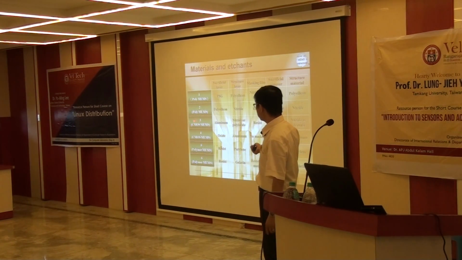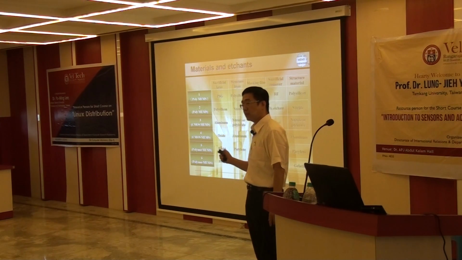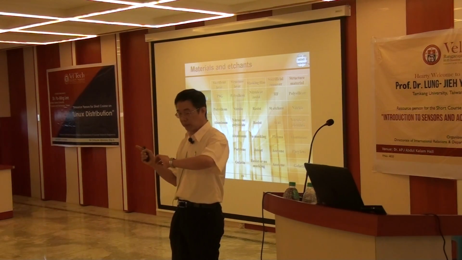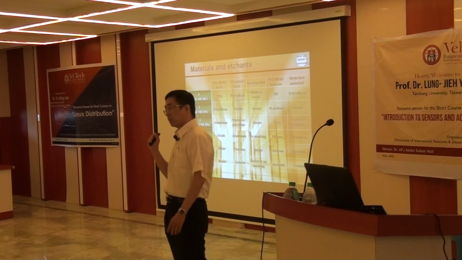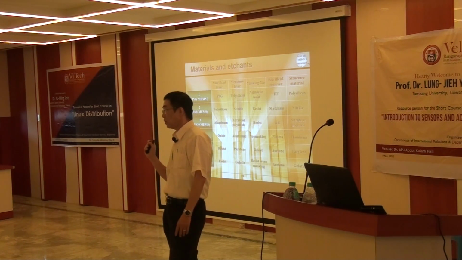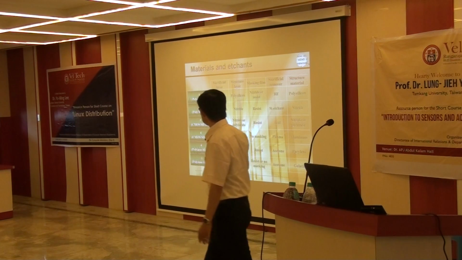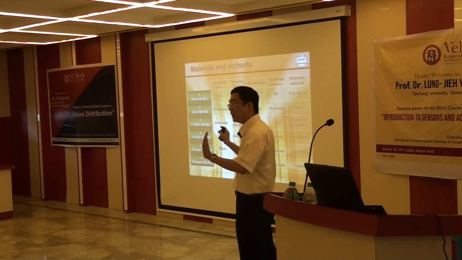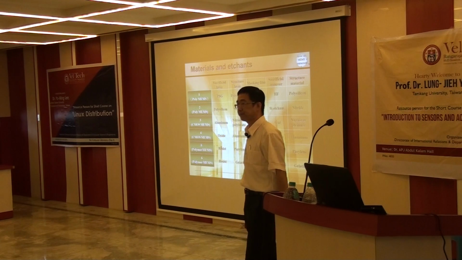You know, in Taiwan, we have a very good CMOS IC foundry. CMOS IC, we will talk about maybe tomorrow, I hope. With CMOS IC, we can select aluminum as our sacrificial layer, and nitride or polyimide as our structure. It means that we have many kinds of material to select.